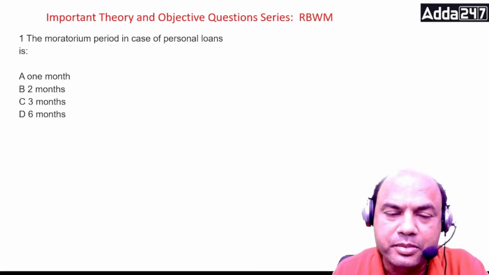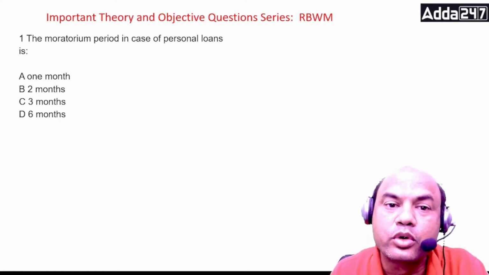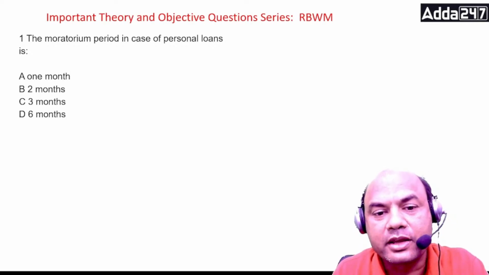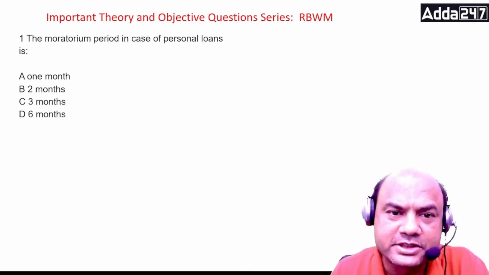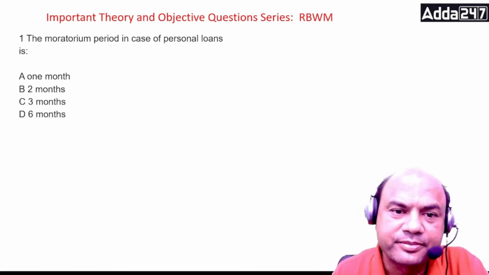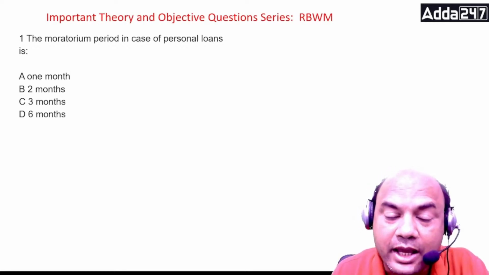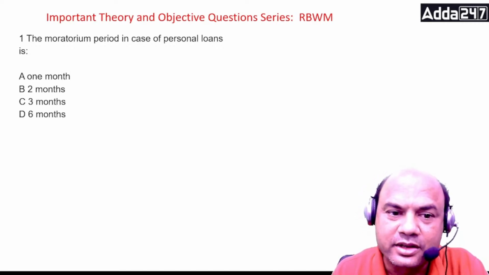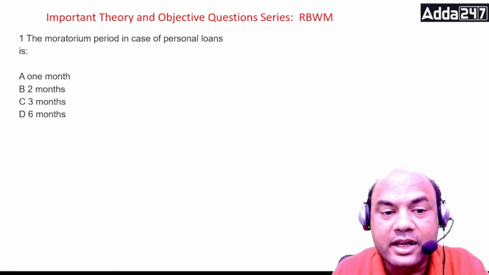What is a moratorium period? It means the period in which you don't have to pay your EMIs. There is no moratorium period, to be frank. I disburse this PL today, and within the next month, the EMI starts. So this gap of 1 month, it's a tricky question. Here they are asking about moratorium periods.